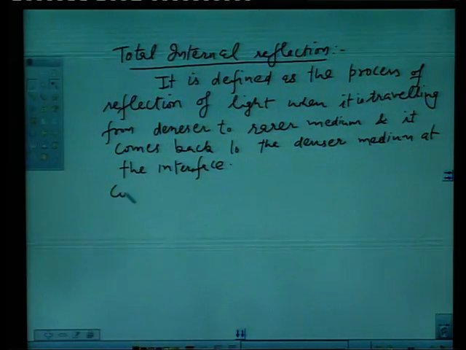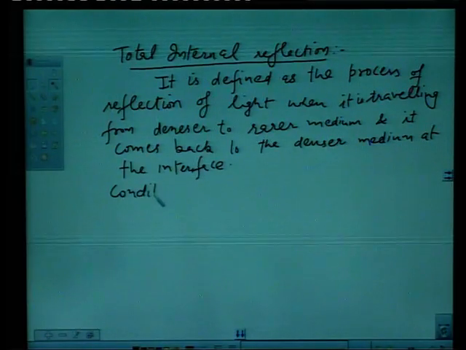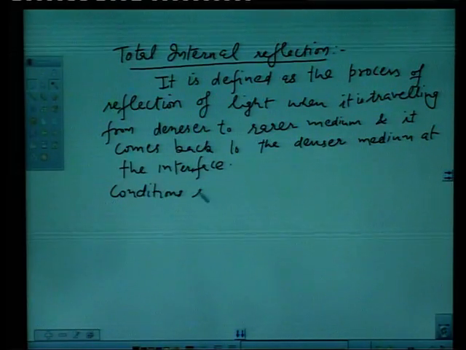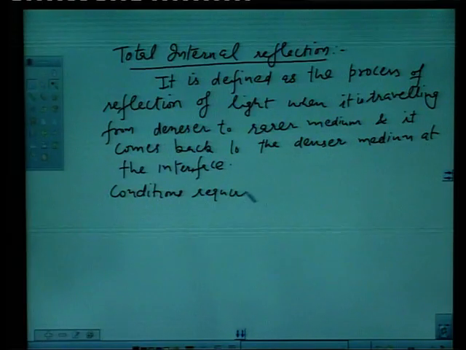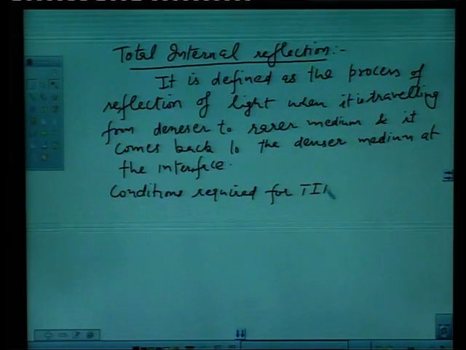There are two conditions required for total internal reflection to take place.